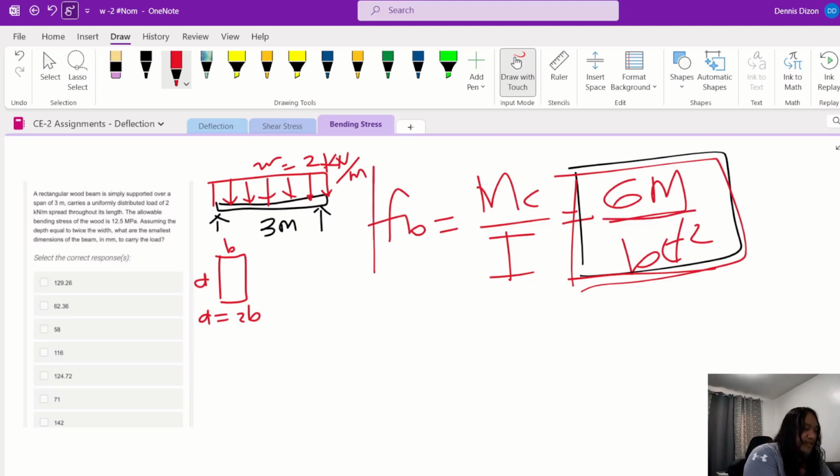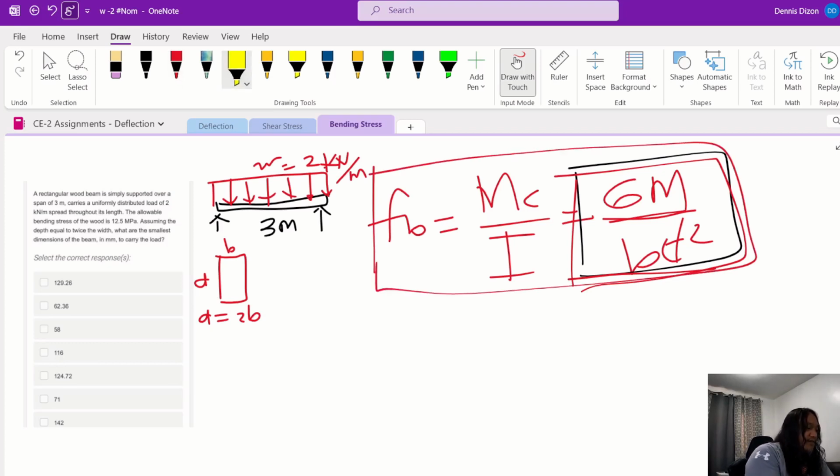So from this equation, we have the value for the allowable bending stress, and then we have b, which is half of your d, and then the moment. The moment is not given, but we can solve for the moment based on the load provided.